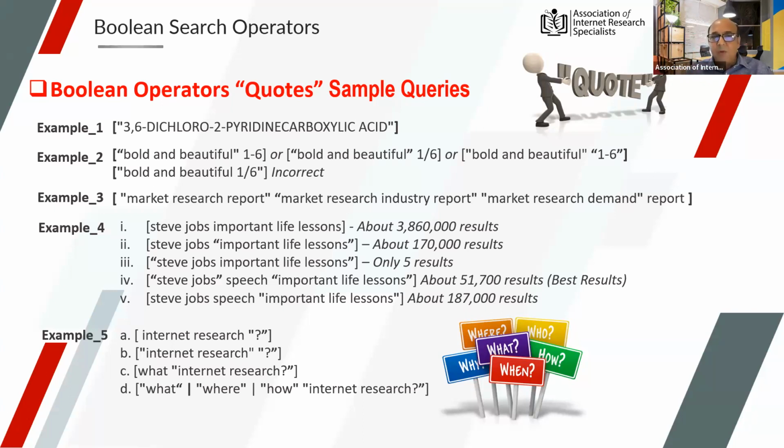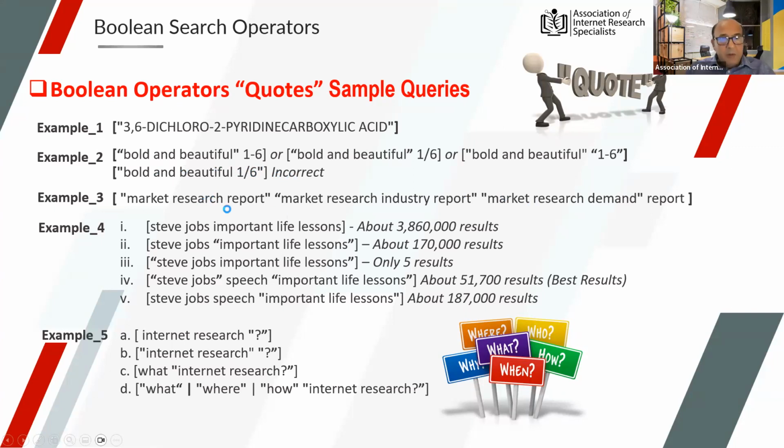But if it is not found as exact, it will not return any results, even though the information is there in the indexing system, but it will not get it, because what you are saying is to match everything in the same sequence, and it may not be there. So what you would do is then you would push the quotation marks towards the word beautiful. The quotation mark closed would make Bold and Beautiful separated from 1/6. It's by design, that's what you will do.